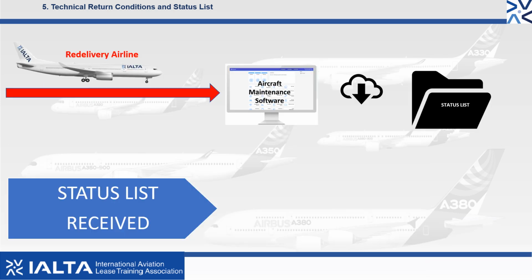The next step in the process is to receive the certified status list from the returning airline's planning and engineering department. This document will be signed by the airline's Continued Airworthiness Manager, or CAM, if a YASA operator. For non-YASA operators, the airline's head of quality will certify and date the status list.